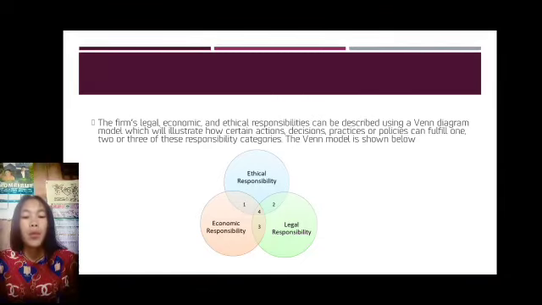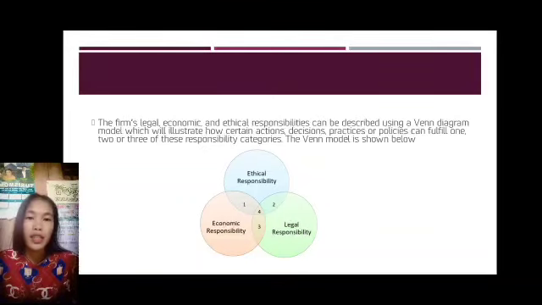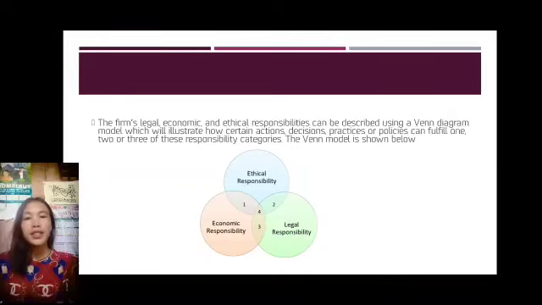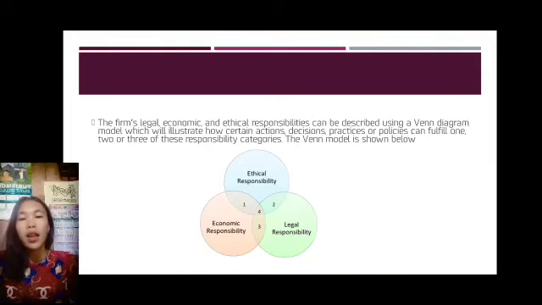The Venn model is shown below. As you can see, there are three Venn models. First is ethical responsibility. Ethical responsibility is the ability to recognize, interpret, and act upon multiple principles and values according to the standards within a given field and or context.